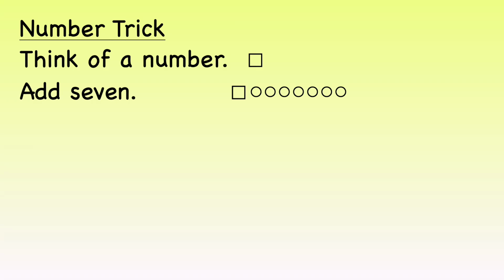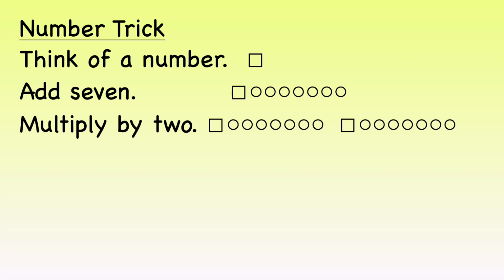Add 7 would look like this, an unknown amount and 7 pennies. Multiply by 2, so I have 2 boxes and 14 pennies. Doesn't matter whether you write it down as a box and 7 and another box and 7, or 2 boxes and 14 pennies.